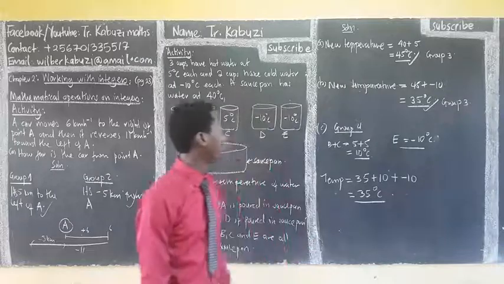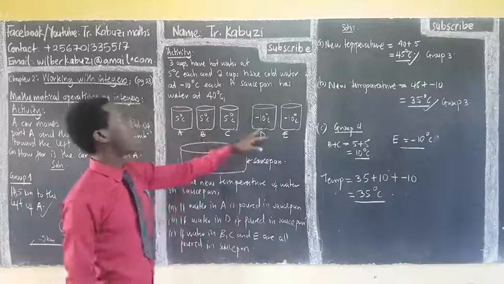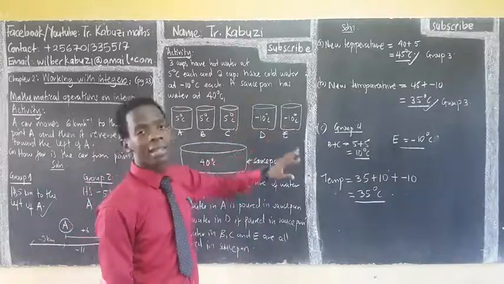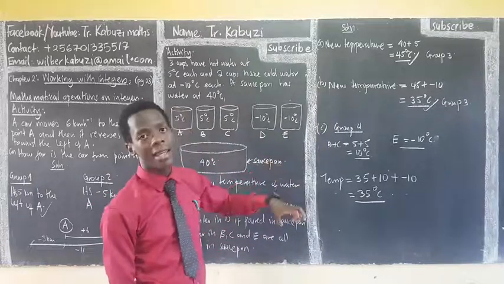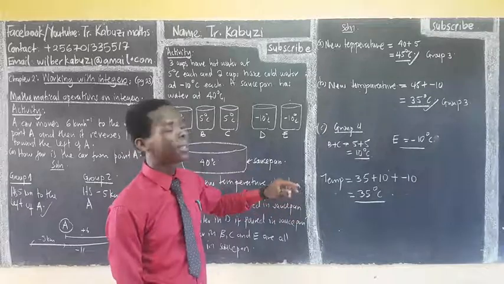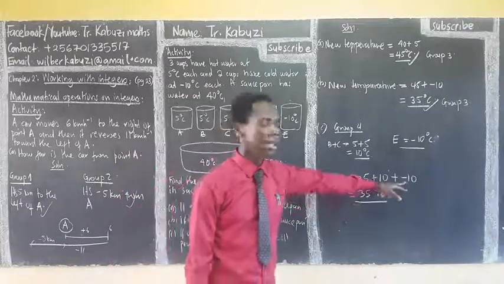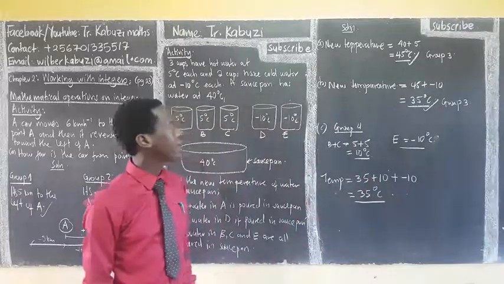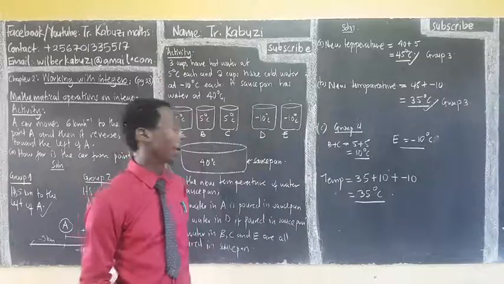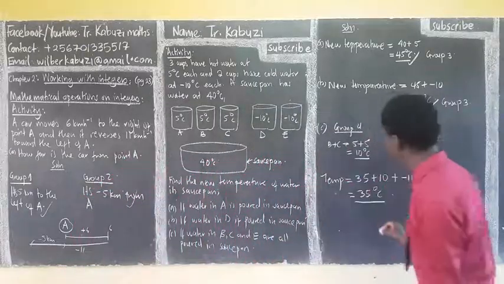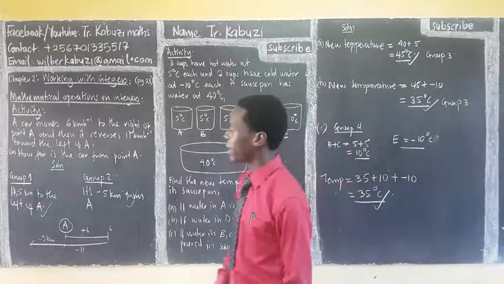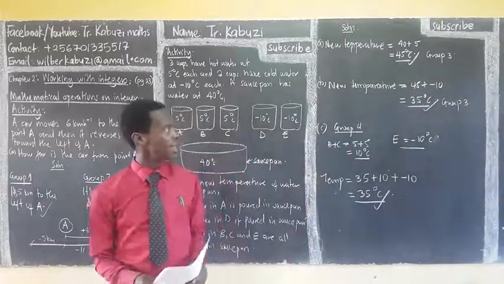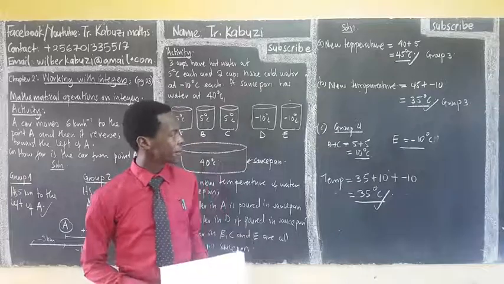And that's why when we add these two and this, there is no change in the temperature. Because the temperature we are adding in is the same as the temperature we are removing. That's why the temperature is remaining the same. And so there we can give group 4 a tick for getting it right. Anyway, that's it from all the groups. I think they have got it right.